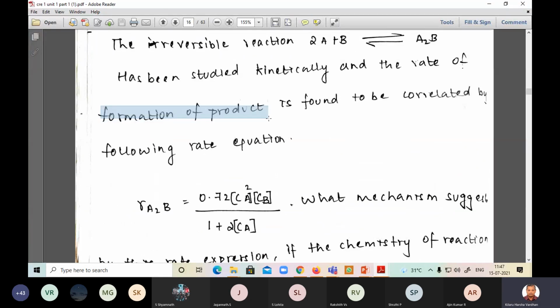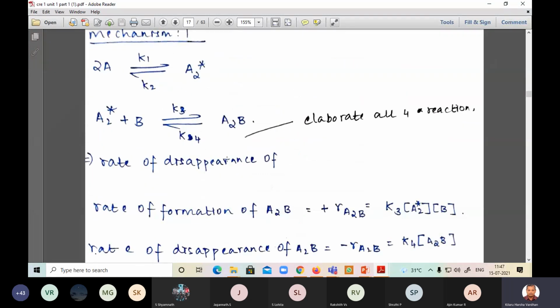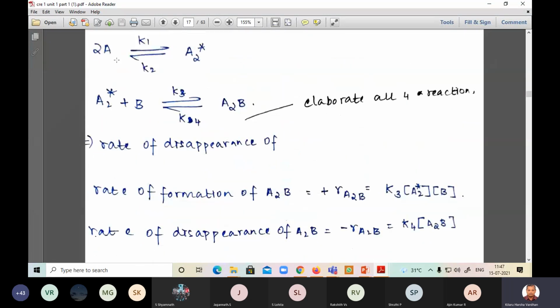So you are splitting the equation into 4 different equations, and wherever A2B is there, that you have to write. In this reaction there is no A2B formed or disappeared. In this reaction there is one A2B formed, in the K3 step.